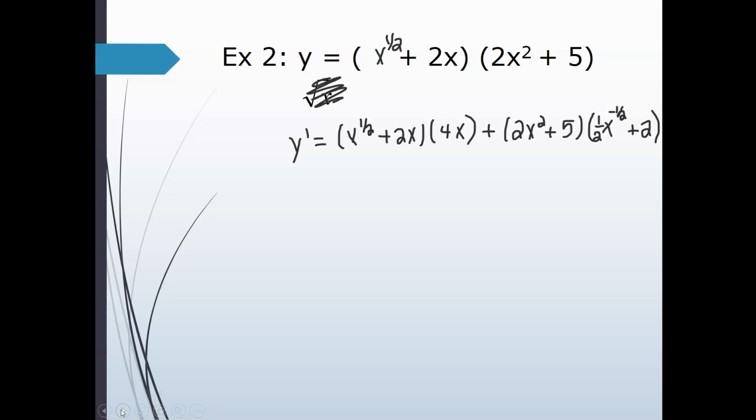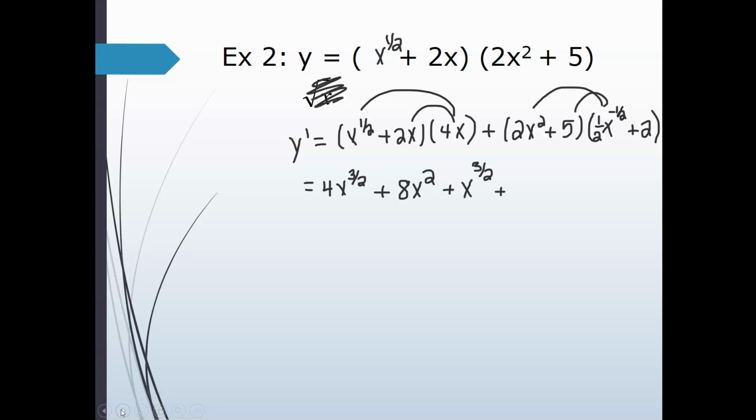Not until after you FOIL the other side, because you're going to add or subtract the exponents together. So this becomes 4x to the 3/2, because when you multiply variables, you add their exponents. So 1 plus 1/2 is 3/2. And then 8x squared. And then here, 2 times 1/2 is 1. X squared minus 1/2 gives x to the 3/2.